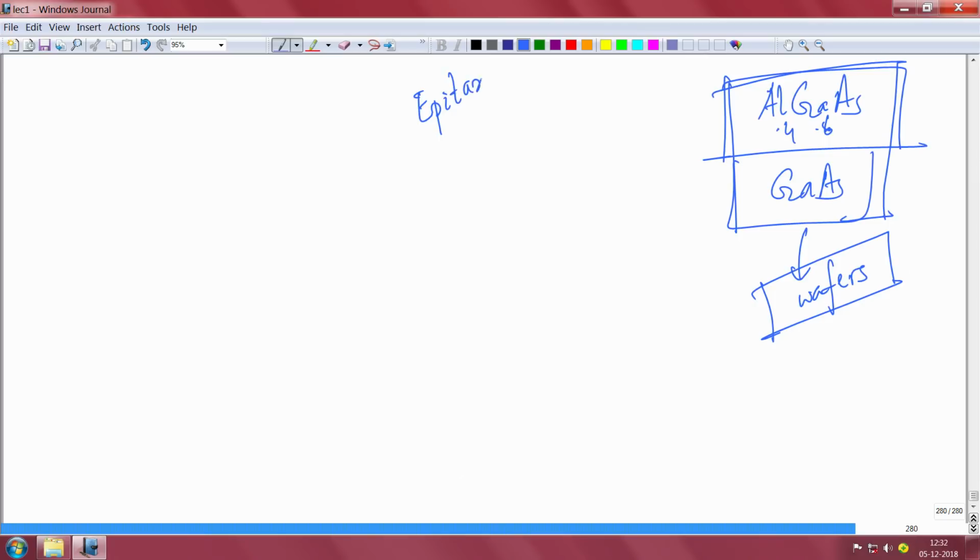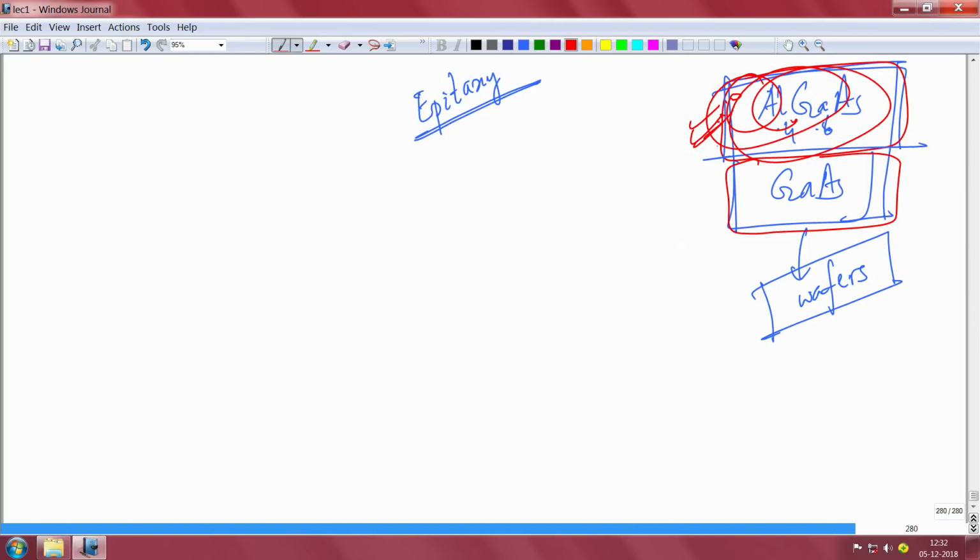What is epitaxy? Epitaxy is essentially the process, the physics or the material science, of growing a material on top of another material, such that the crystal structure of this aluminum gallium arsenide mimics the crystal structure of the layer below, of the substrate below.